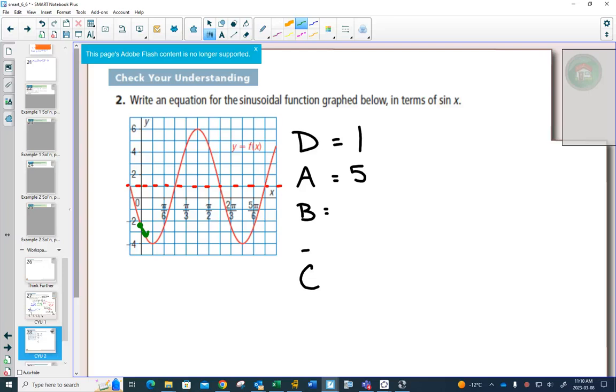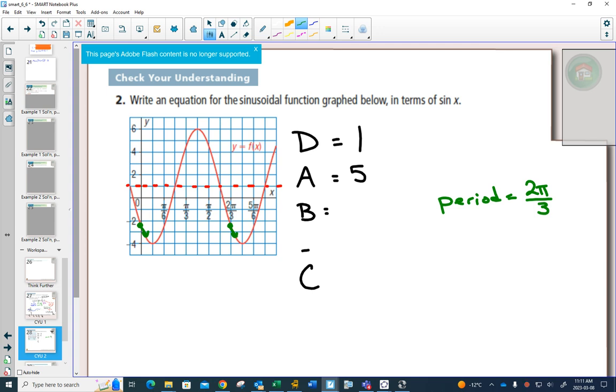So can you see from my graph using those green points? There we go. Period is 2 pi over 3.